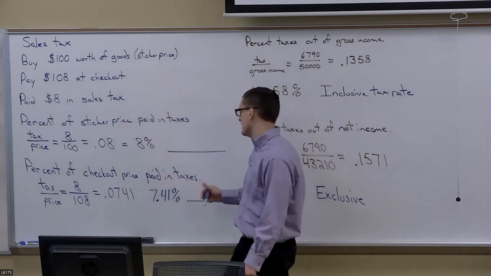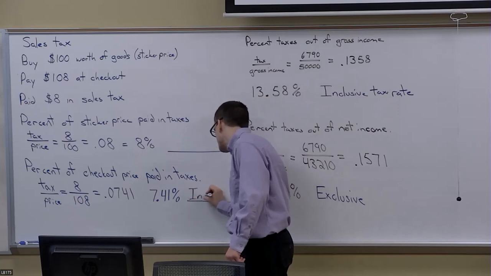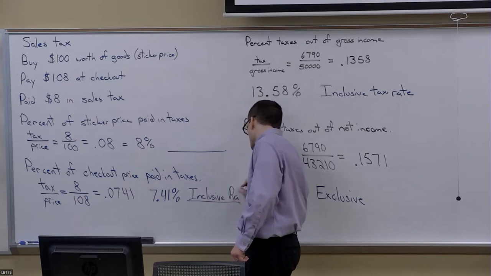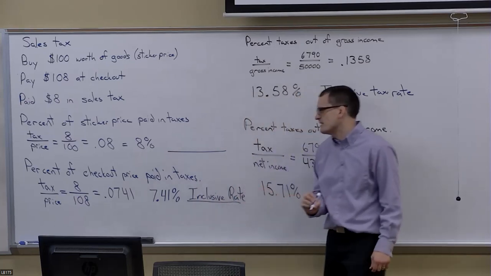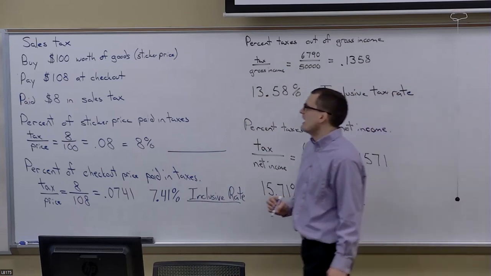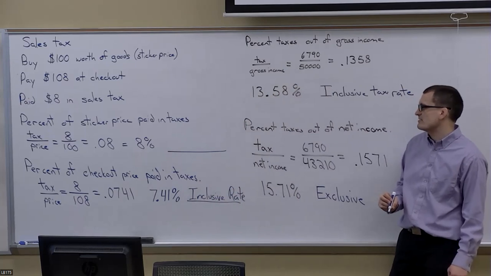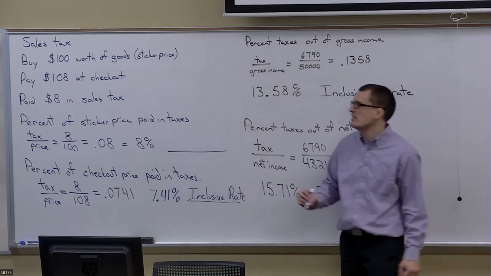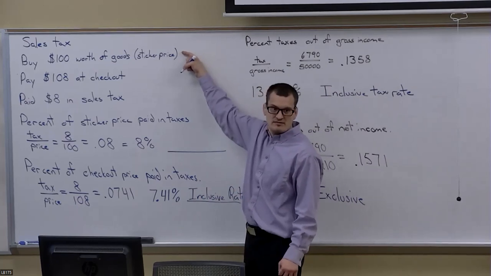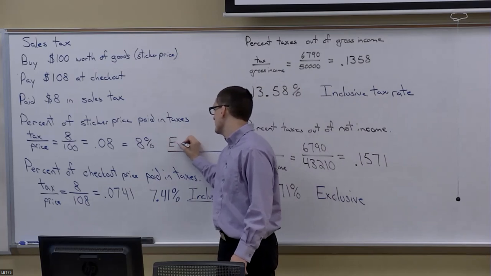So technically, the inclusive rate is the 7.41. The exclusive rate is the one where taxes are not included, that would be the sticker price. Taxes haven't been included yet. That's the exclusive rate.